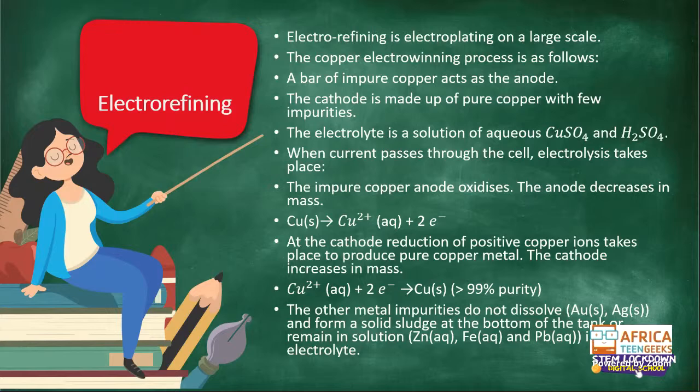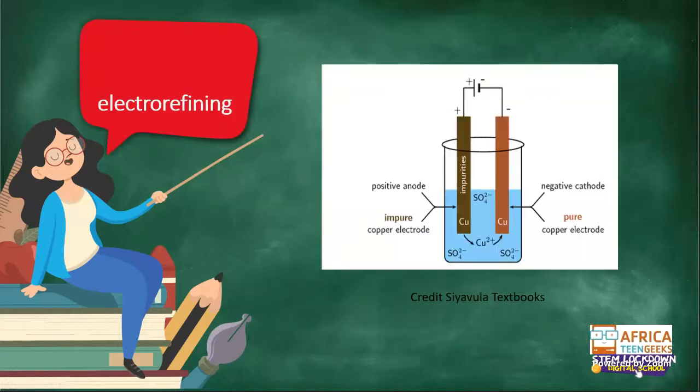You would take impure copper out of the earth and put it through this process where you let a current run through it, and then the copper will be extracted out of the rock and put onto an electrode, and it will form pure copper.